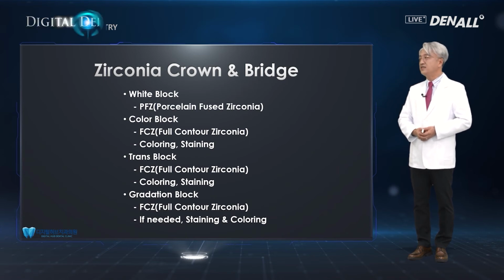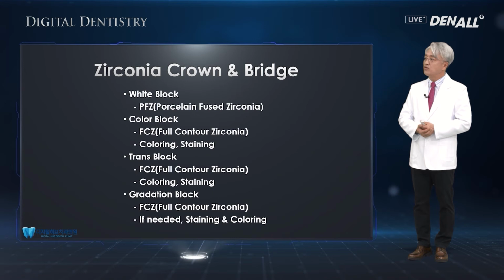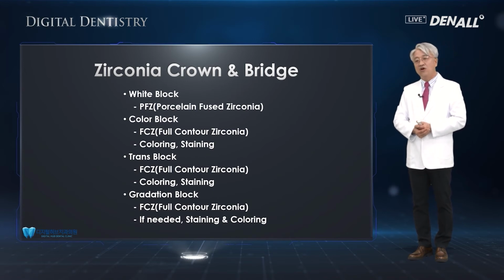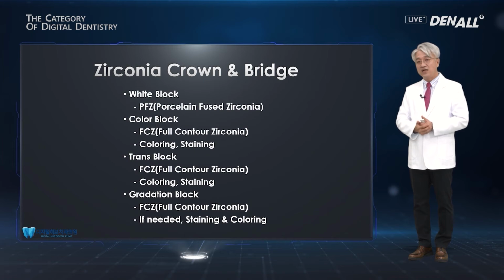In the past, the full zirconia white block, which has no color, was first developed, and that block was mostly used as a core. In porcelain fused metal crowns, or PFM, that type of crown has metal on the inner side, so it didn't have very good color.